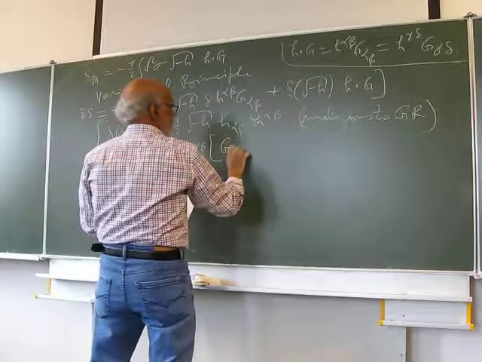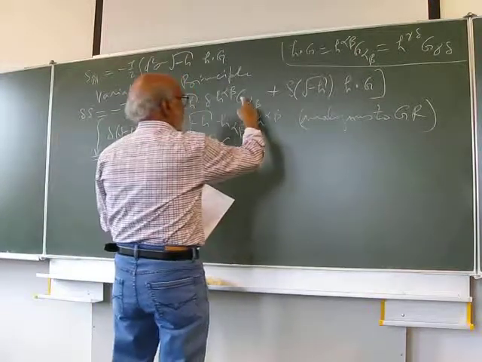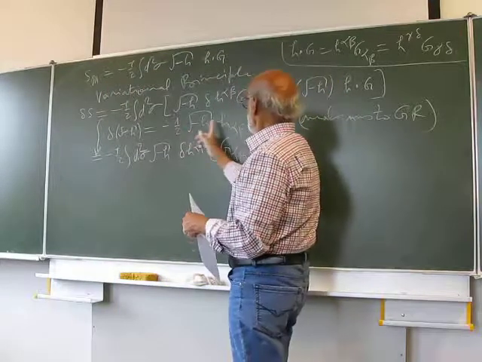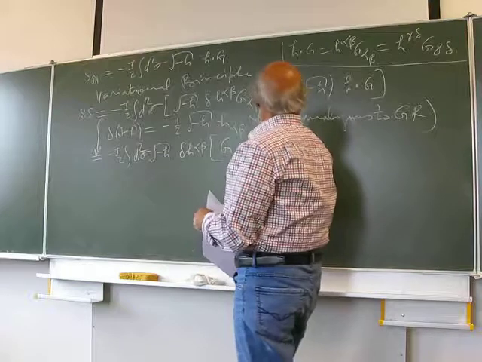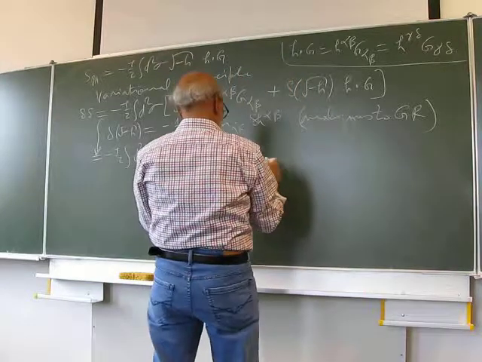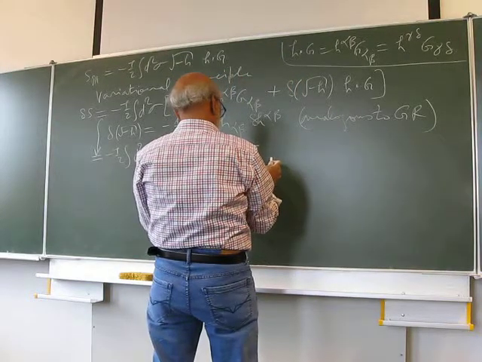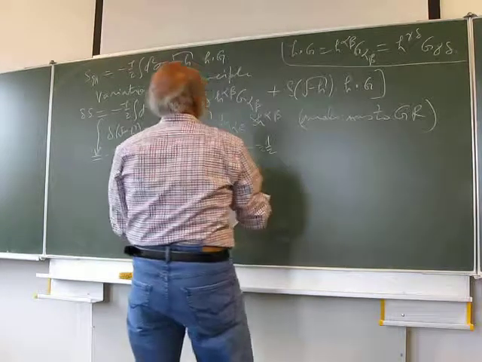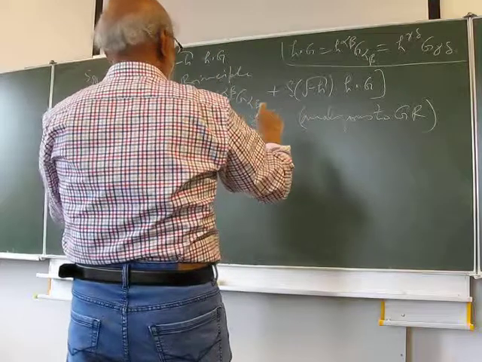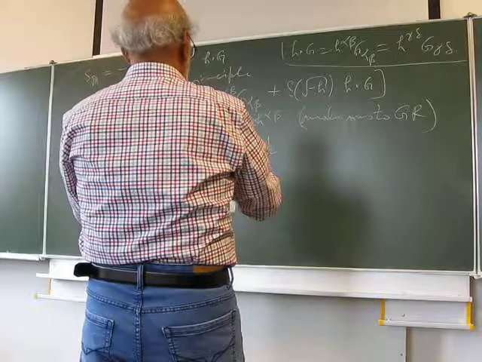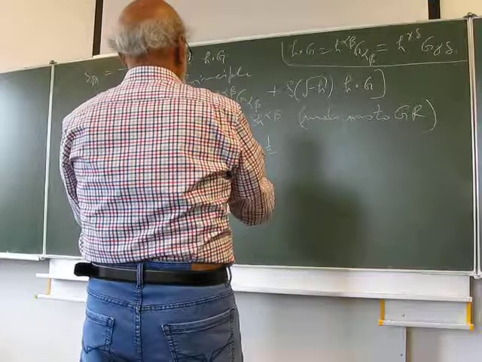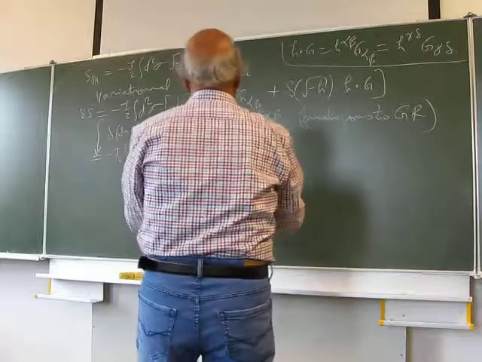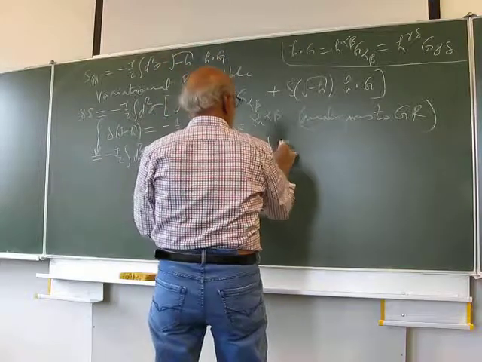So I have here g alpha beta from here. Now from here I have, this is gone, this is gone, this is also gone, this is also gone. So I have just minus. Am I missing one point here? H alpha beta is here.